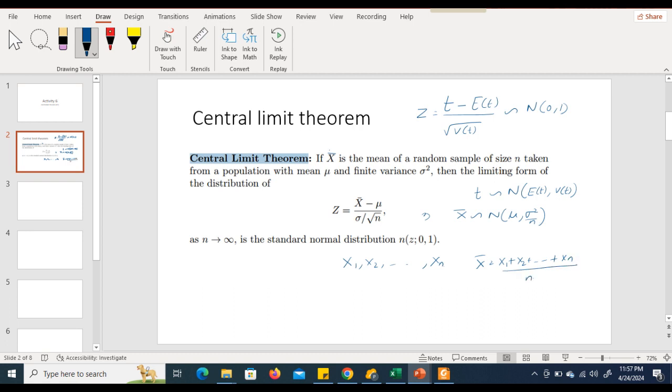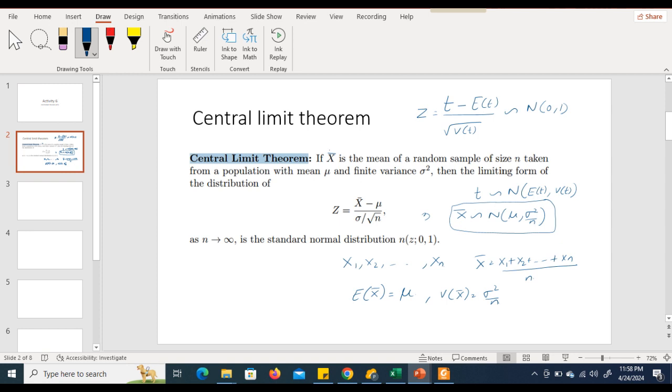This x bar will follow the normal distribution where the expectation of x bar is mu, since the sample mean is the unbiased estimator of the population mean, and the variance of x bar comes out to be sigma square upon n. That means according to the central limit theorem, x bar will follow normal distribution whose mean is mu and variance is sigma square upon n.